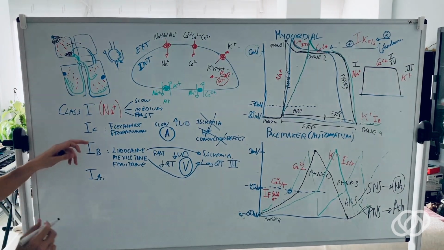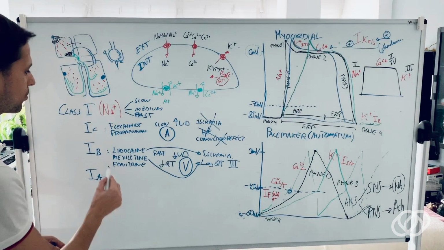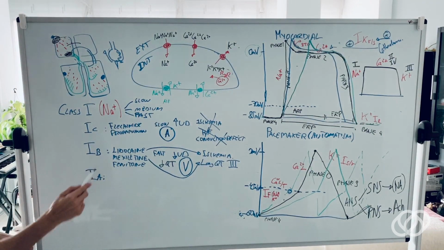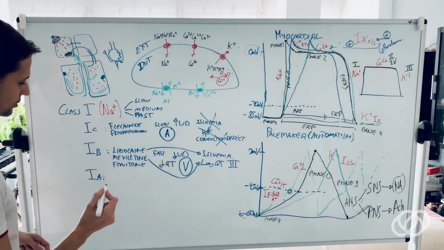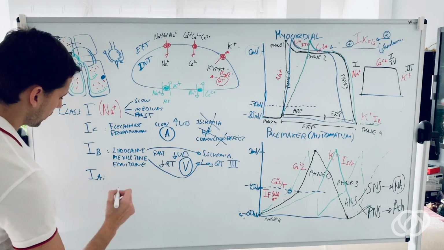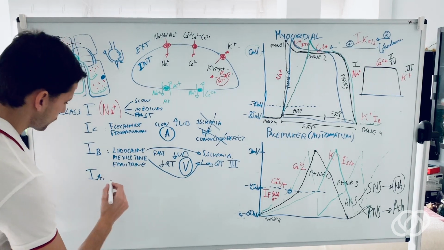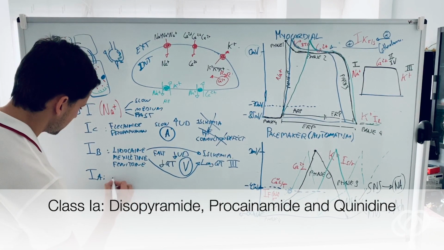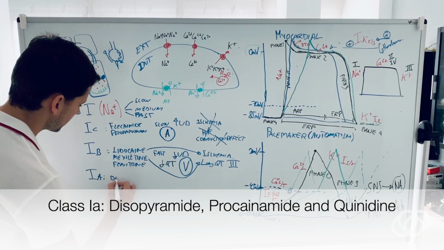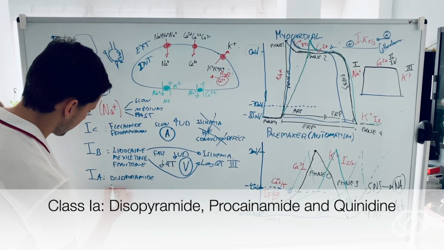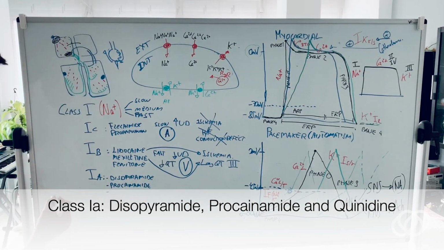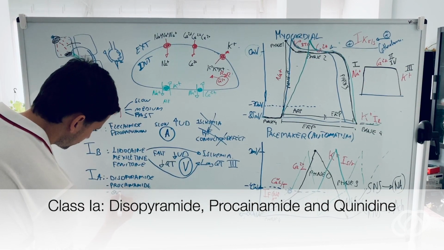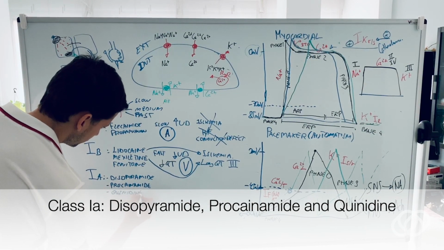Okay, and finally we are going to have the 1A. We could say that 1A is in the middle of the way between 1C and 1B. And which drugs do we have here? We have disopyramide, procainamide and quinidine.